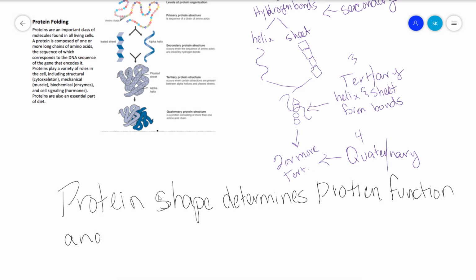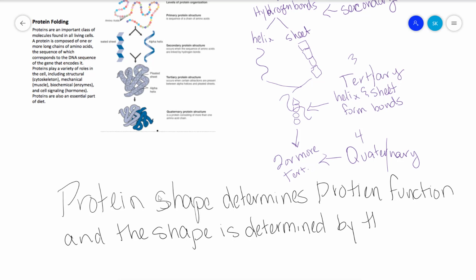And the shape is determined by the combination of amino acids.